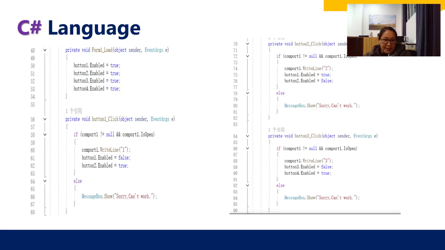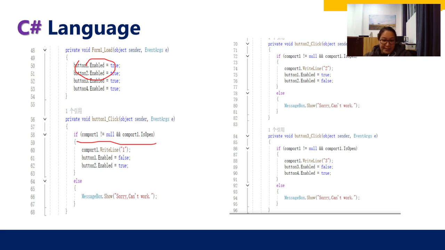Then, this method is the event handler for the load event of the form. It enables all 4 buttons to be clickable. And this checks if the serial port object is initialized and the port is open.